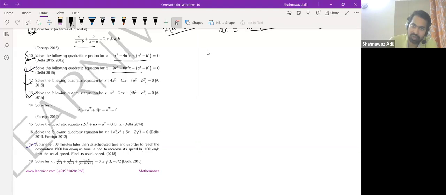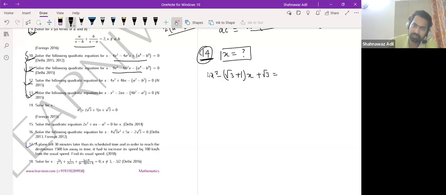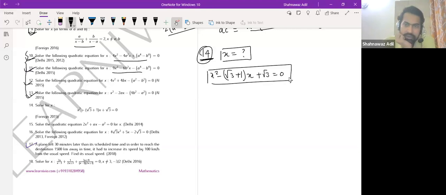So you guys solve this 14th question. This is a direct problem, and tell me the answer. The question is this one, and you will see how this is a direct question. Okay, so solve this question for me and tell me the answer, guys.